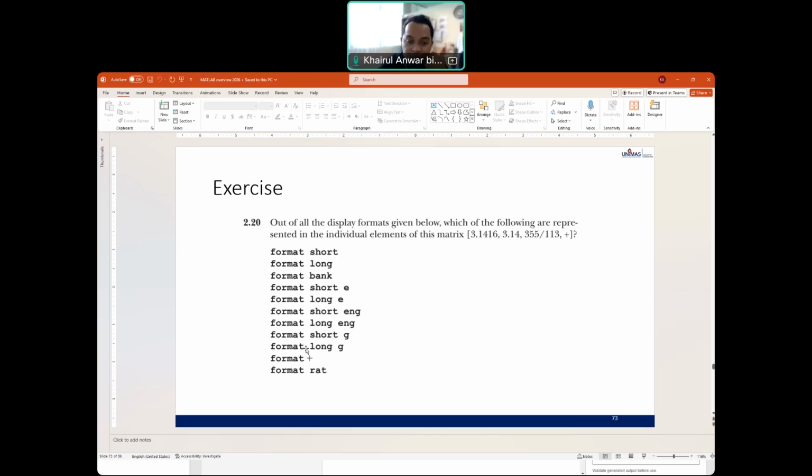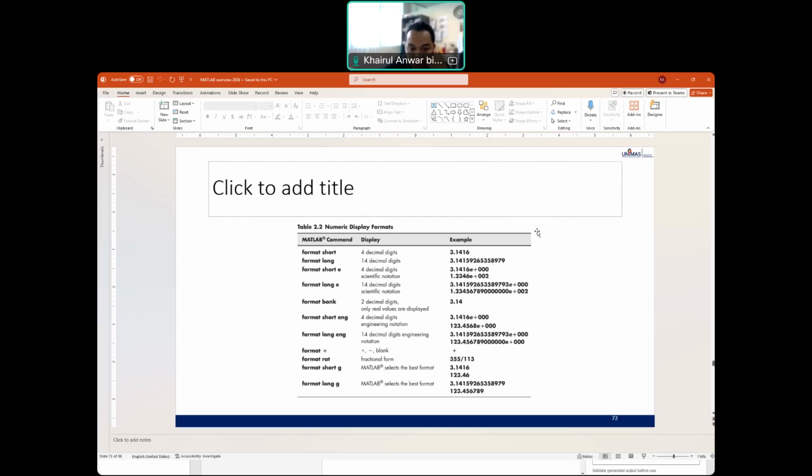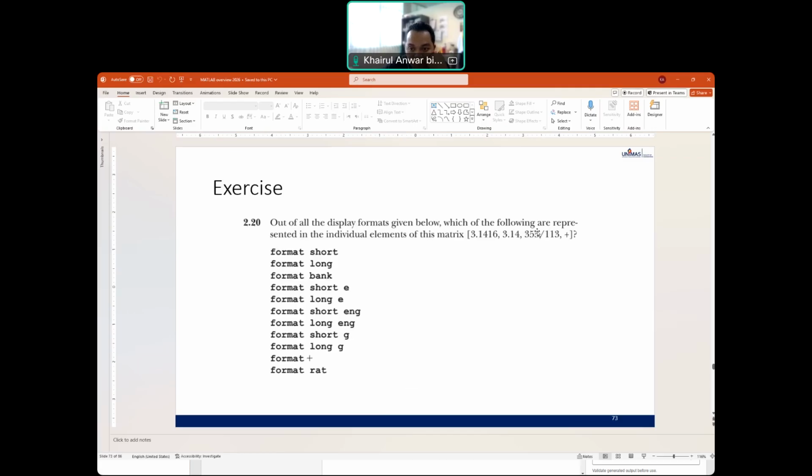Okay, so this is obviously format short, the default. This is format bank. This one is format rational. Then the plus is format plus.